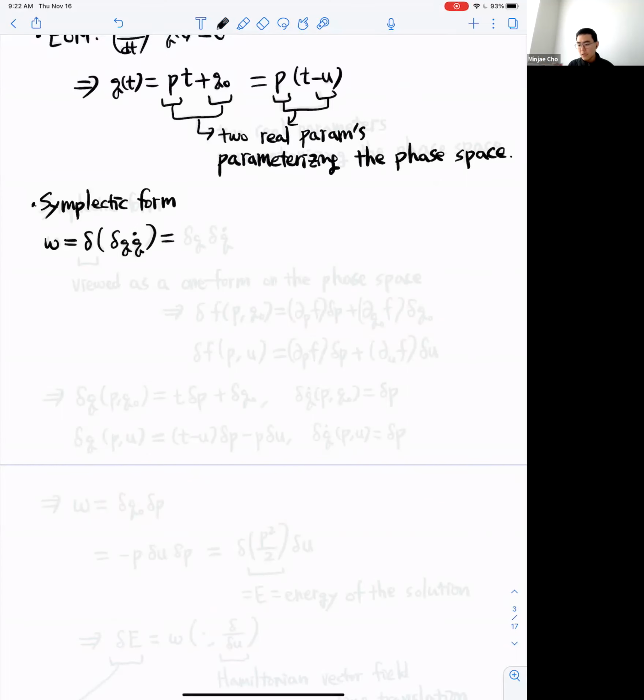Because we now consider it as an exterior derivative, it squares to 0. So this delta can act only on the second one. So what we get is dq dot. And again, let me emphasize that this variation is now viewed as an exterior derivative on the phase space.